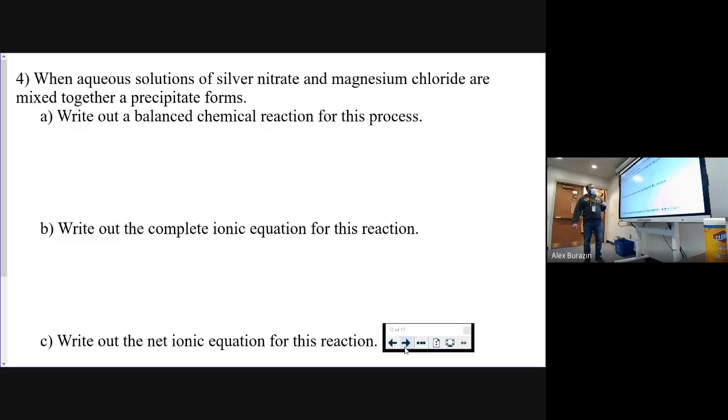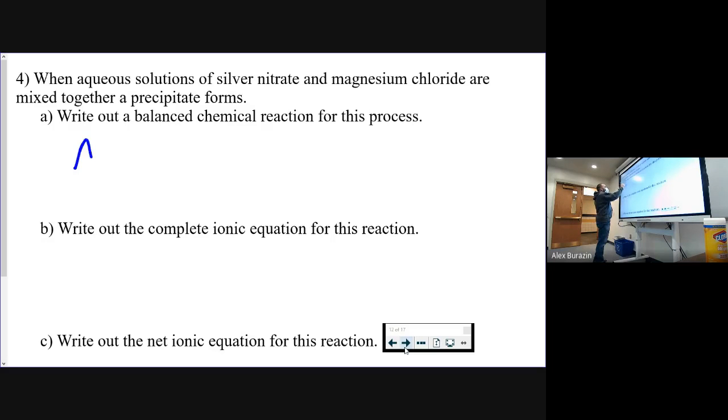But what is the formula for silver nitrate? Is it AgNO3? Fine, silver, which is Ag.